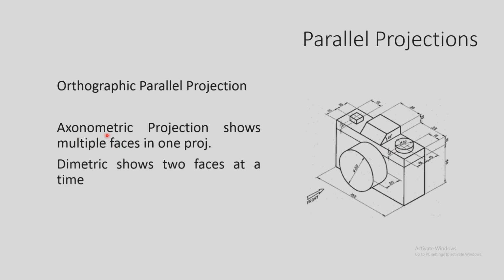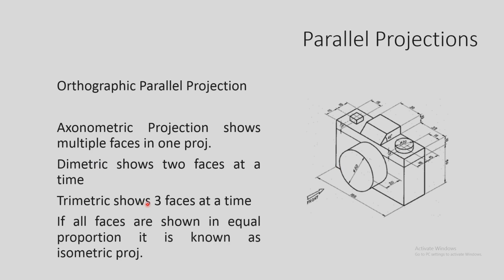Such a projection is categorized as axonometric. Axonometric projection can further be described by how many faces it shows. If the projection is taken in such a way that only 2 faces are visible, suppose front and side view are visible and the top view is not, then it is known as dimetric. If 3 faces are visible, it is called trimetric.